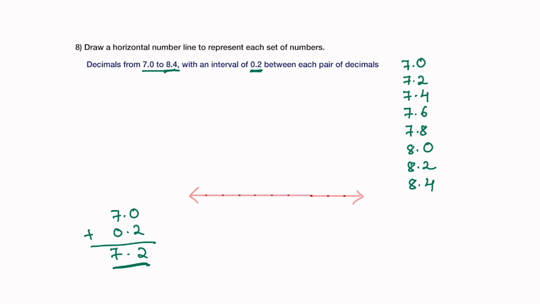Let's just put them on the number line. So that's 7.0, 7.2, 7.4, 7.6, 7.8. Next is 8.0. Then we say 8.2 and here 8.4. So these are the numbers that we need to plot on this number line.